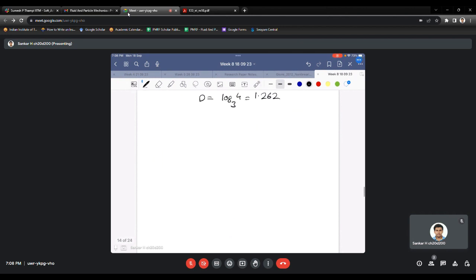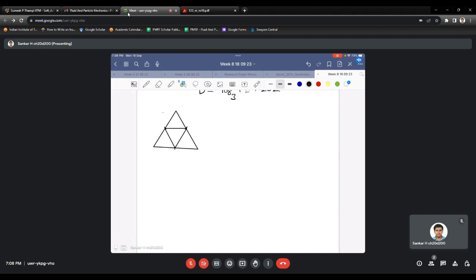Now let us do this for the two-dimensional case where I have a triangle. Let's take an equilateral triangle for simplicity. I mark the midpoint of each line and join the midpoints.